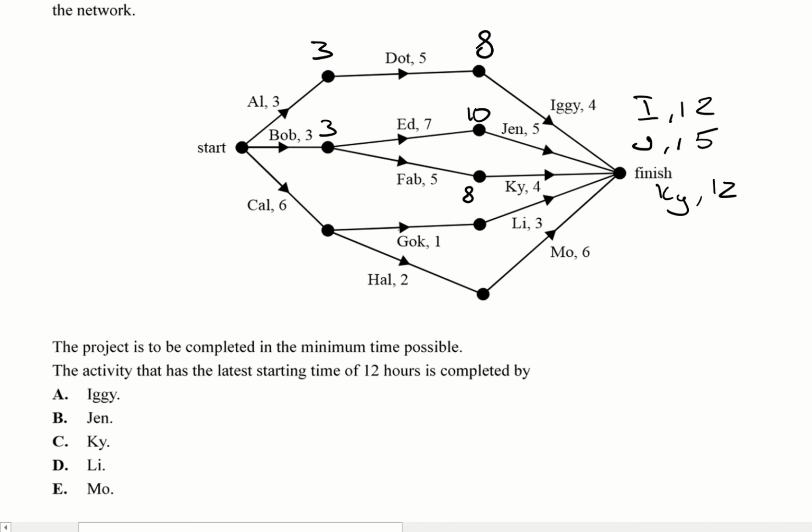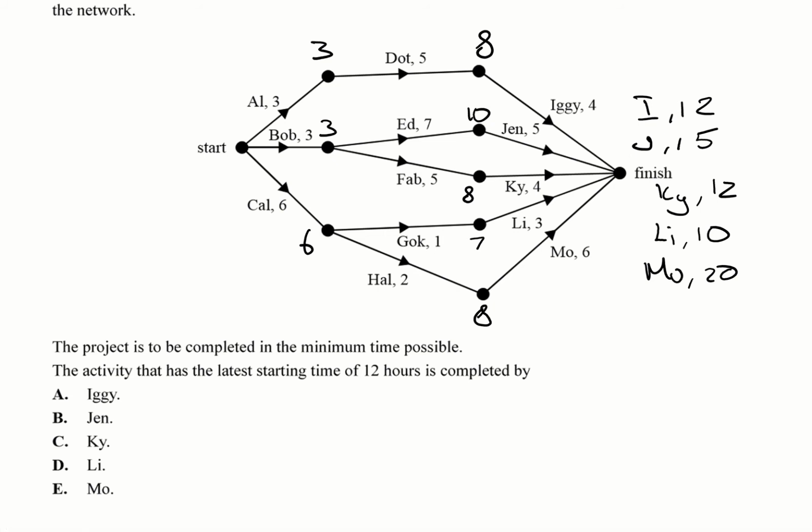Cal would be 6. Hal would finish up at 8. So Mo would be 20. This would cross; Gok would be 7. 7 and 3 would be 10. So Lee would be 10. Okay.